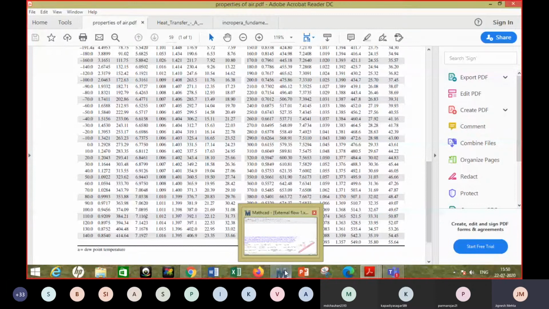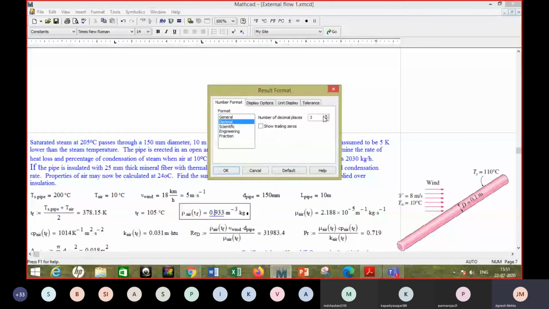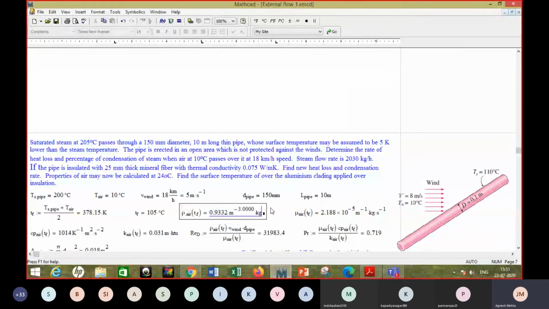Okay. After doing that, the density is around, as I told you, generally you need to go only up to 4 significant digits. So density is around 0.9332. The value that you get from the table may not be perfectly the same number.